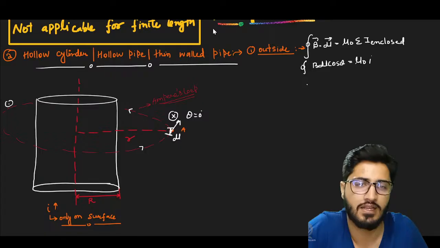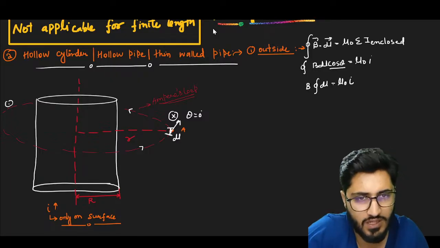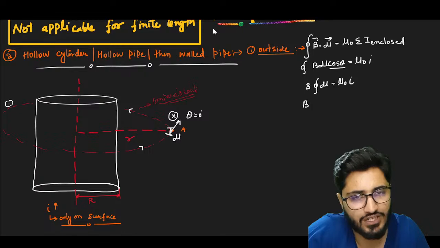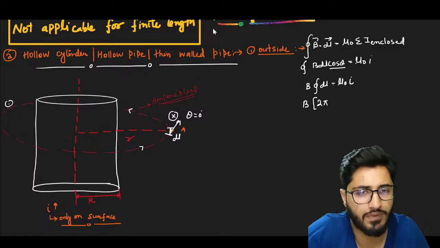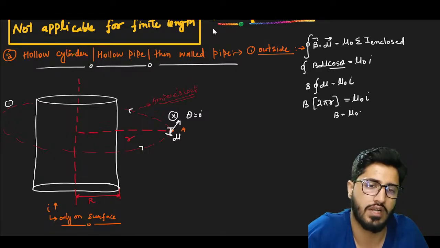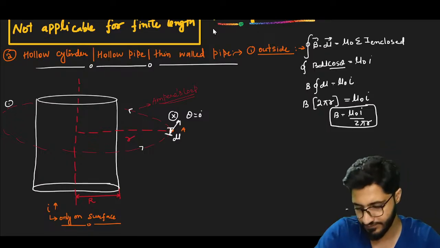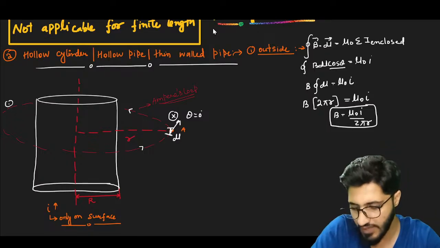So I can write B integral of cos 0 is 1, so dl only, equals mu naught I. Now, what is integral of dl? It will be 2 pi r, because the loop is a circle. So B came out to be mu naught I divided by 2 pi r. So outside, it behaves like a wire.